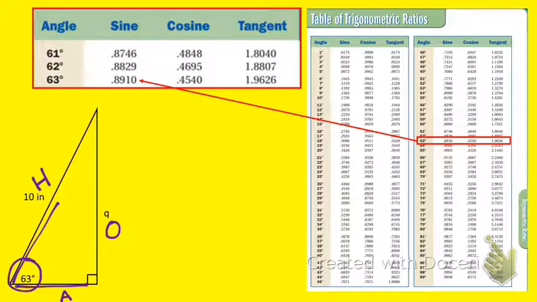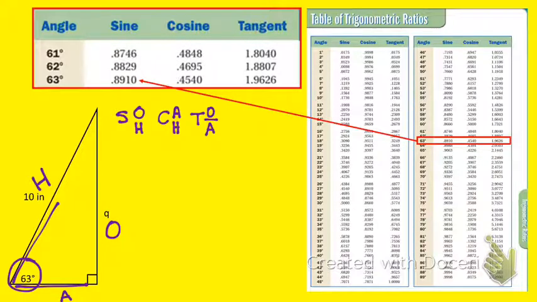So what we need to do is look at our SOHCAHTOA. Sine is opposite over hypotenuse, cosine is adjacent over hypotenuse, and tangent is opposite over adjacent. Well, in this problem, we are not looking for the adjacent side, and we do not know the length of the adjacent side.